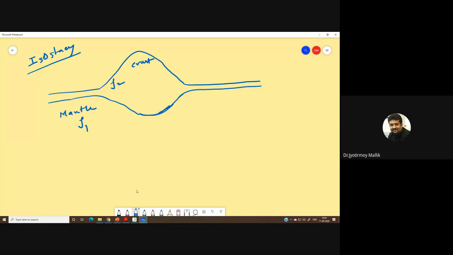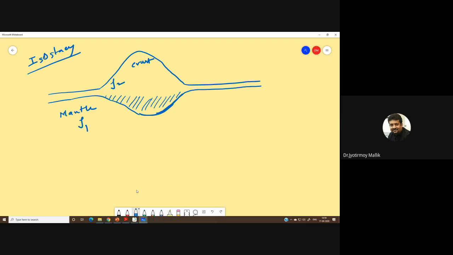So when I have to invoke the theory of a root just beneath a mountain, we can understand that a low density material is kind of replacing a high density material. So a low density material is replacing the equivalent high density material. That is what we can also argue, right? Do you get my point?